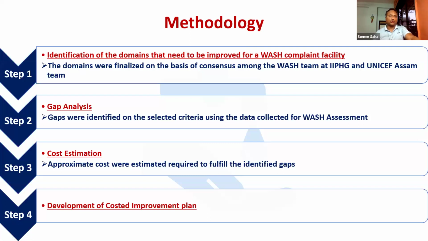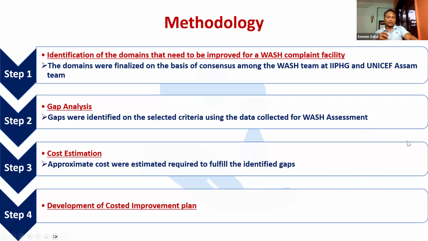So how have we done the costed improvement plan? In the first step, we identified different domains that would be important for making those facilities WASH compliant. We identified 5 domains. The domains were finalized on the basis of consensus among the WASH team at IIPHG, the UNICEF Assam team, as well as the National Health Mission team of Assam state.